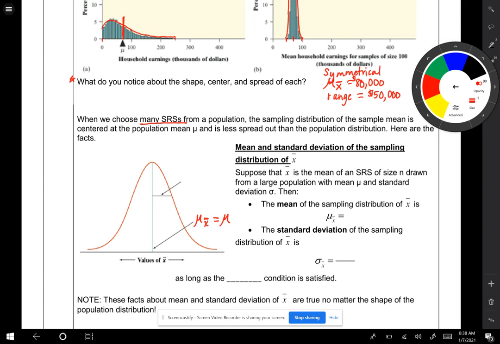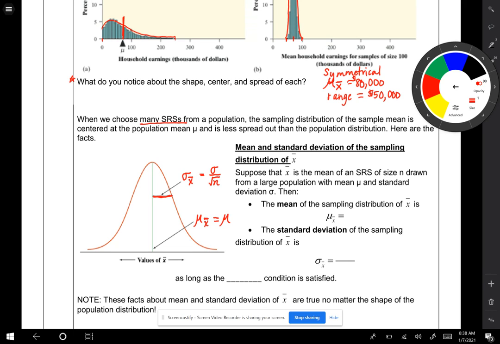The standard deviation of the sampling distribution, and these formulas are on your formula sheet, is equal to the original standard deviation of the population divided by the square root of the sample size. Therefore, this is a smaller spread than the population distribution. So we can write that information here as well.